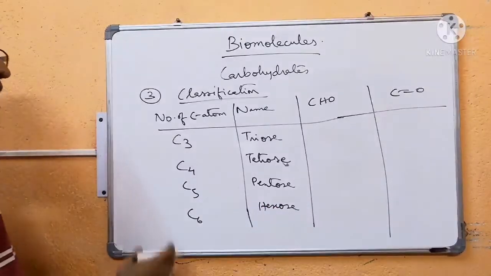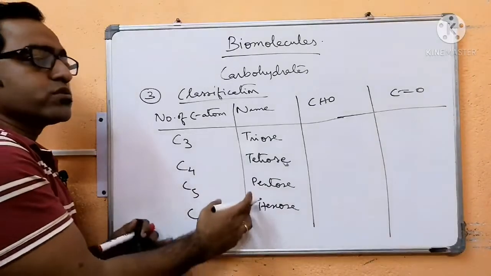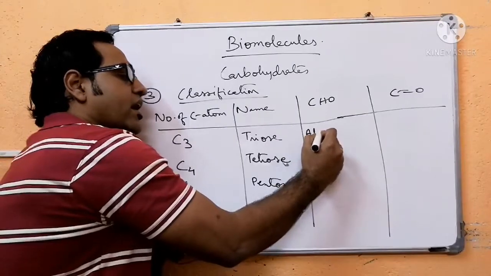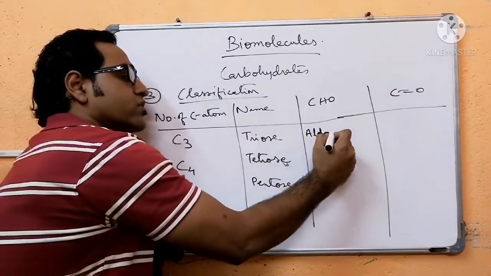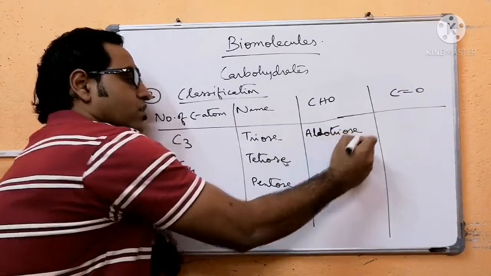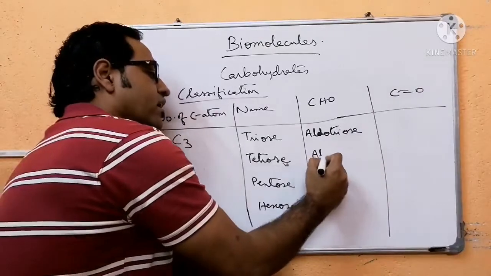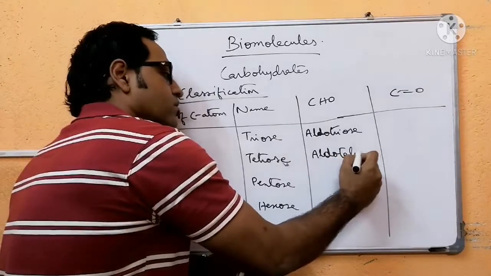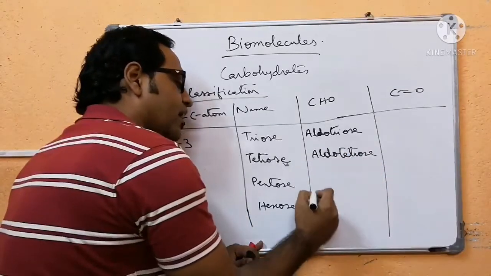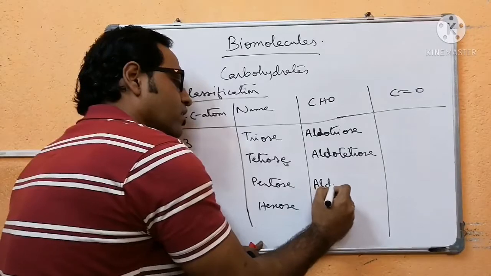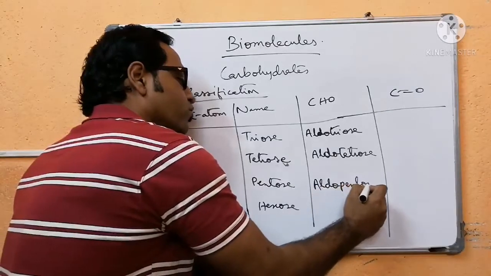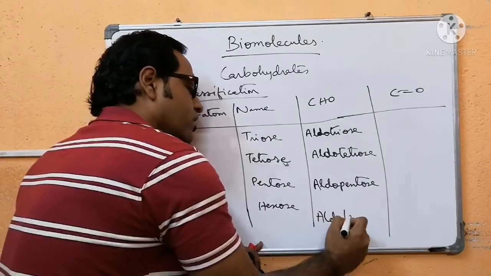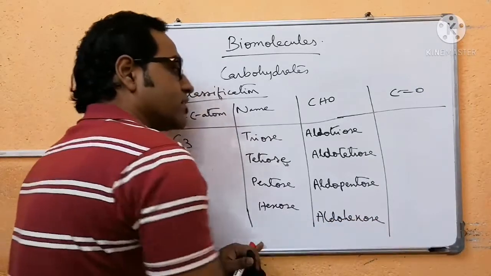Now, if that triose or tetrose or hexose contains aldehyde group, we call it aldotriose, aldotetrose, aldopentose, aldohexose, like this.